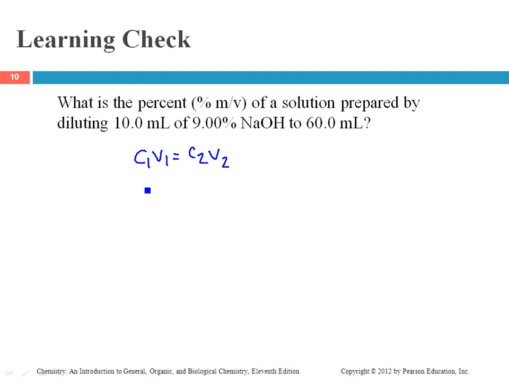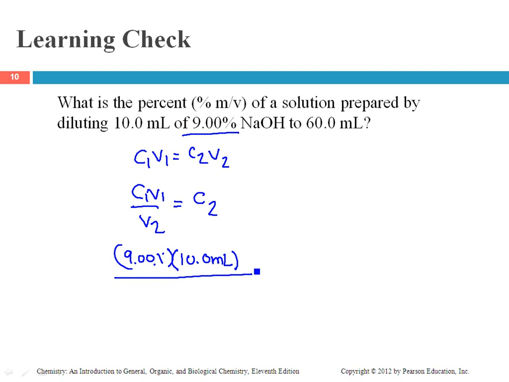So if we rearrange, look at this. Our C1 is 9% NaOH. We're starting with 10 milliliters. You're always going to be starting with a smaller volume than your final volume because you're diluting, you're adding water to it.